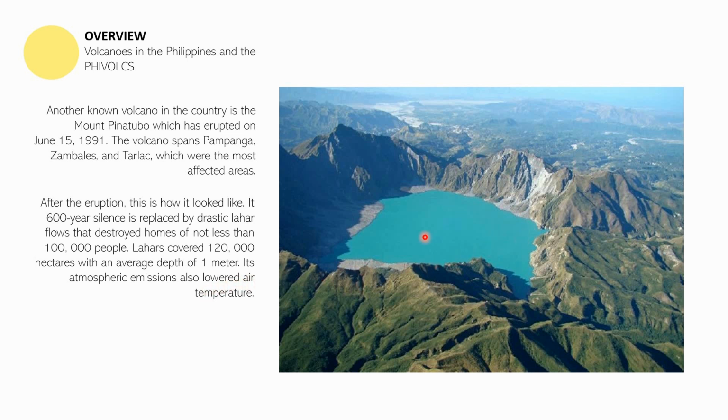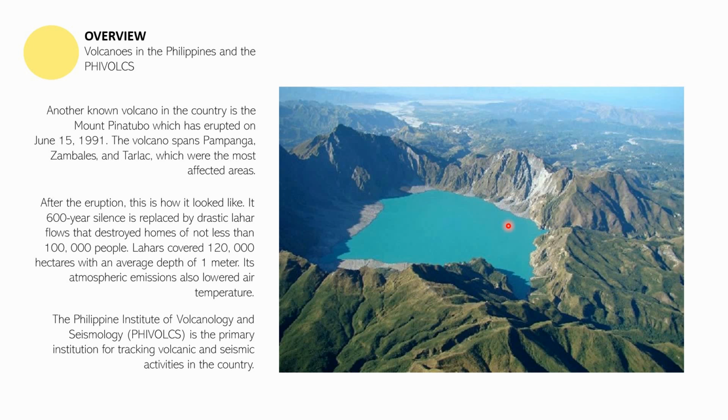And not just that, it was capable of altering the general chemical composition of the atmosphere. It also was able to lower the temperature of the atmosphere near that area during those times. So that was how drastic its eruption was.